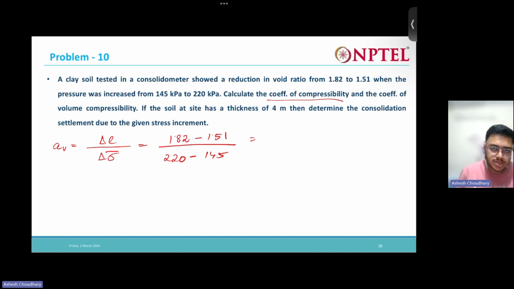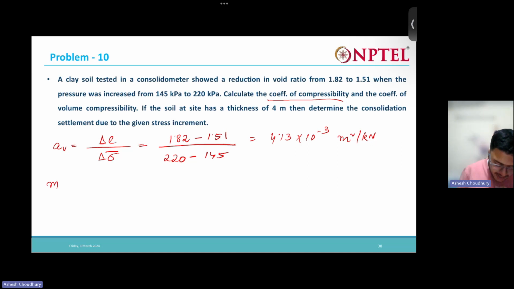So this one is how much? 4.13 into 10 to the power minus 3. Right. So what is the unit? Unit will be meter square per kilonewton. Correct. That is the unit.